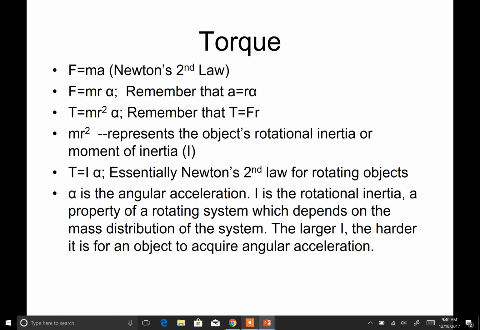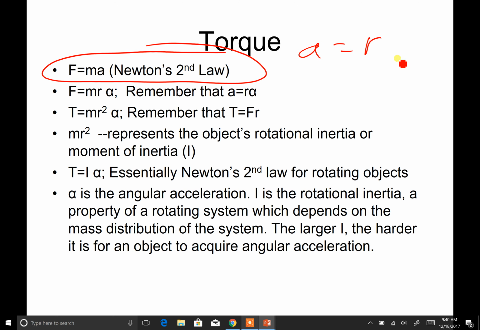Now let's go back to torque for a second. Here we have Newton's second law, F net equals ma. Now remember that a is equal to r times angular acceleration. So we substituted for a, r alpha in this case. Also remember that torque can be equal to Fr.